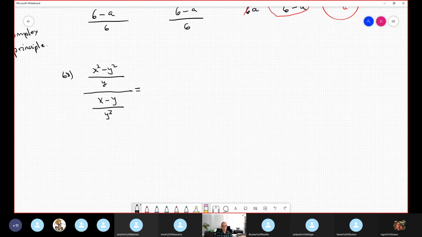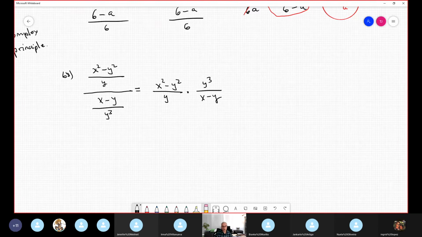Why is it easy? Because the top fraction and the bottom fraction have a common denominator. It's not two separate fractions, it's only one. So you copy this, times, flip the second. Directly, it's ready to apply the complex principle.